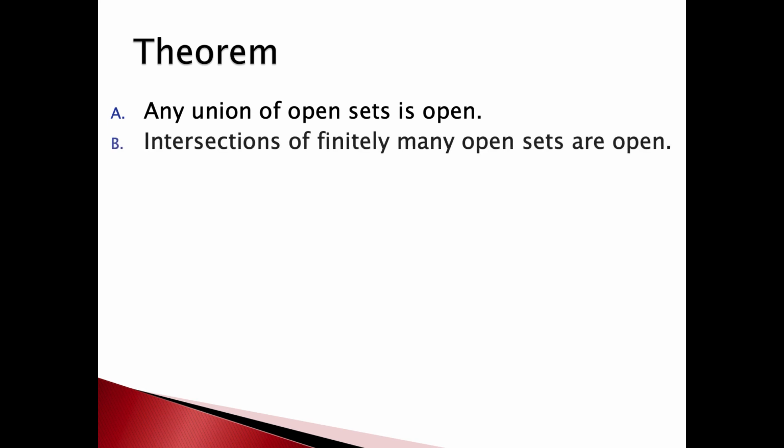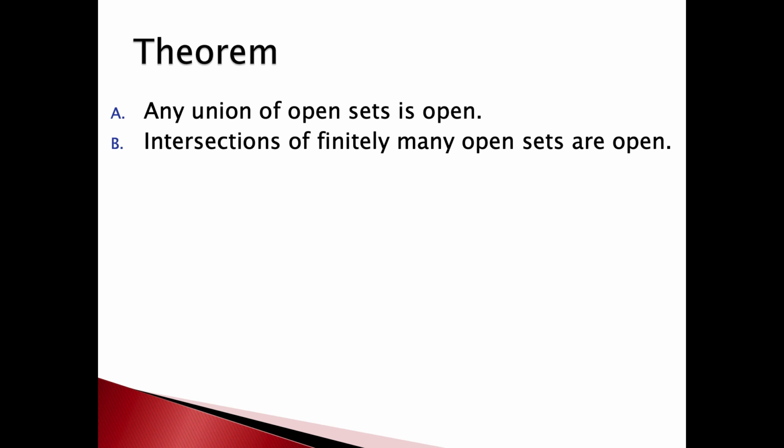What about closed sets? Closed sets don't quite work that way, and intersections don't quite work that way. So if you intersect finitely many open sets, the result will still be open. Okay?